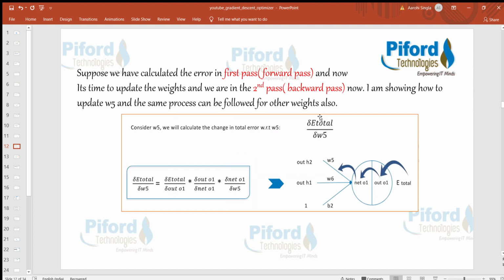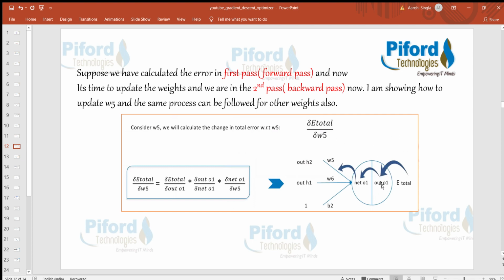So look at over here: the derivative of E total by the derivative of W5. Please look at this picture. This E total means error, means the loss. Error, loss and cost are all the same thing. This total error, E total, is dependent on out o1.